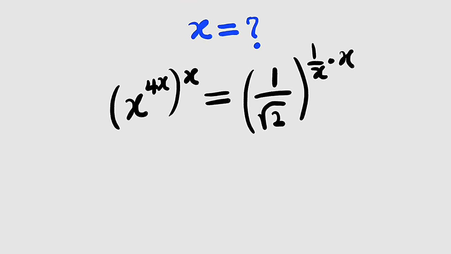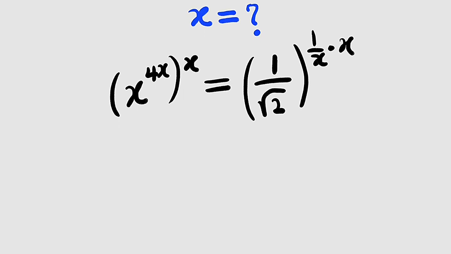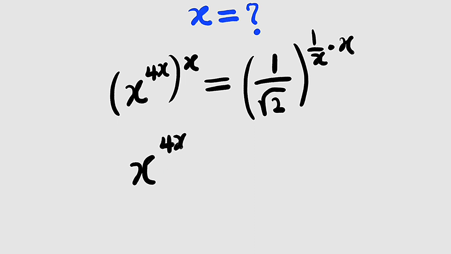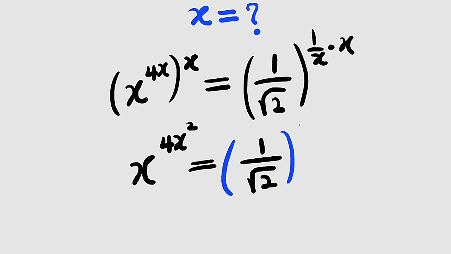To the left hand side, we are going to have x to the power of 4x squared. To the right hand side, we just have 1 divided by root 2. Now I would like to divide both exponents by 4, because naturally here we have an exponent of 1.